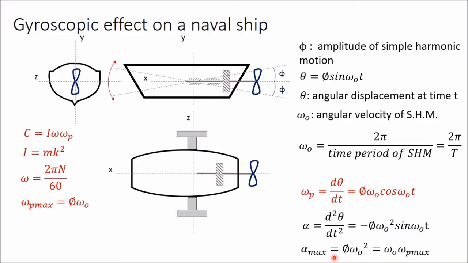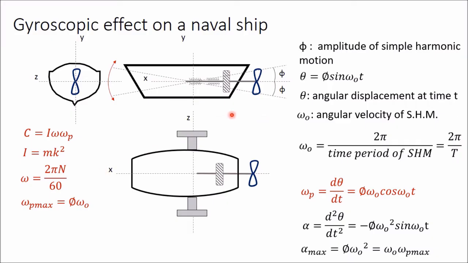So the maximum value of angular acceleration will be phi omega o square, and this is equal to omega o into omega p max, because omega p max is phi omega o. So omega o into omega p max will be alpha max, that is the maximum value of angular acceleration of this simple harmonic motion. So this is the calculation part.